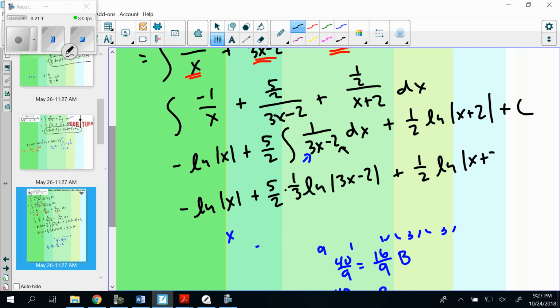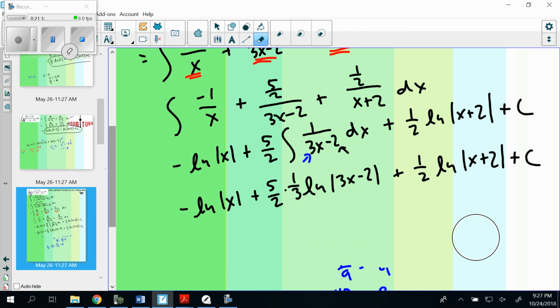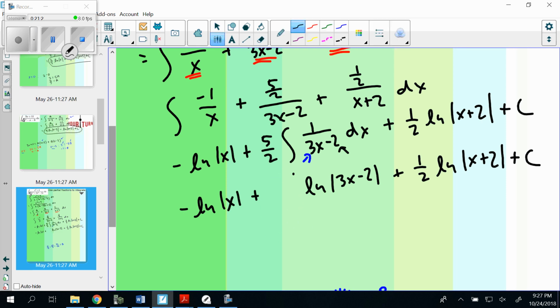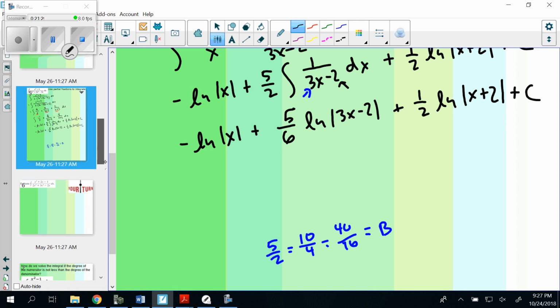And so our final answer then, if you were to combine those two fractions together, this would turn into 5/6. And that would be the antiderivative or answer for that one. Okay, so ones with 3, we can do those too.